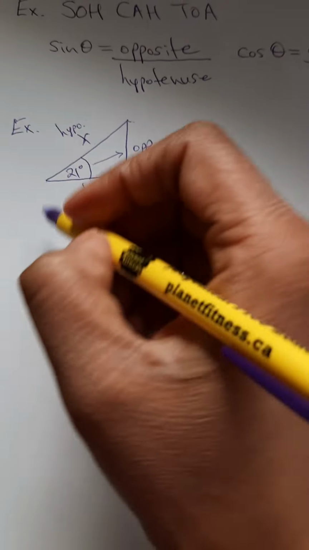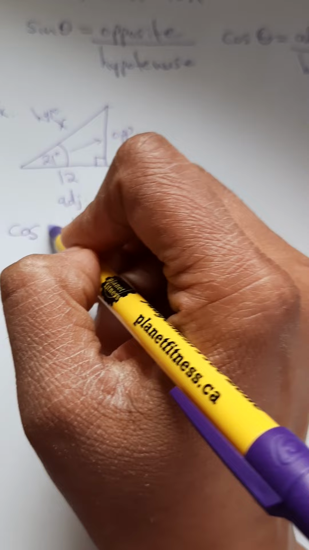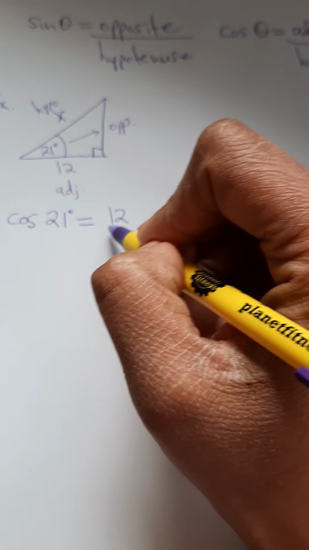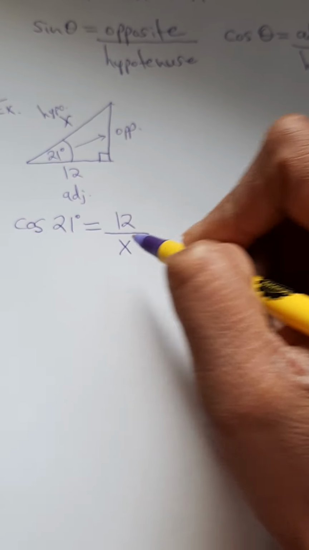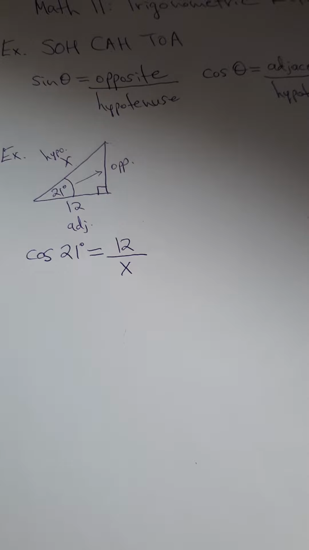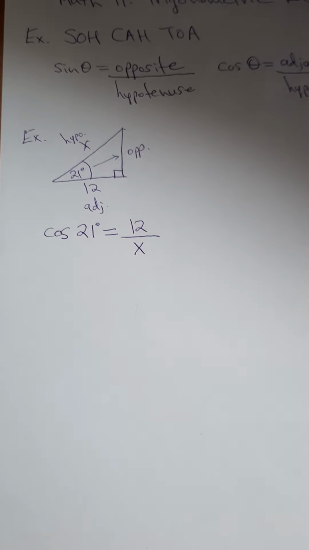So how you're going to write it is just going to be cos of theta, which is 21 degrees, equals the adjacent, which is 12, over the hypotenuse, which is x. This is a really good example because you see how the variable is on the bottom. So instead of multiplying, I actually do have to divide.